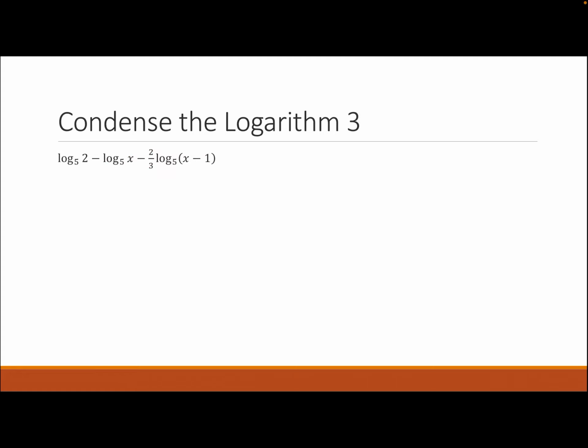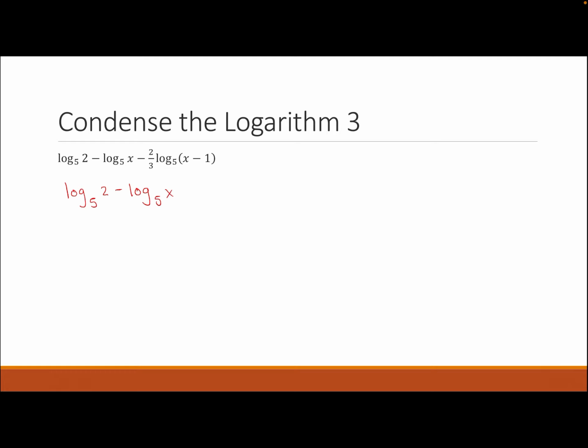And for the last one, you can pause and come back if you want. So we're going to get log base 5 of 2. And first, the things that we're subtracting are going to be in the denominator together. So we're going to multiply those at some point. So we're going to have minus log base 5 of x.